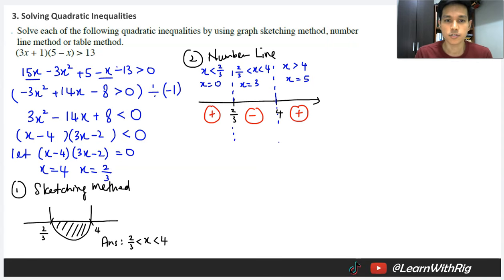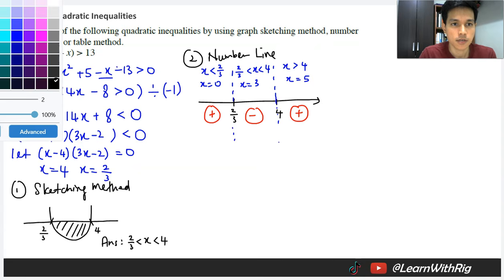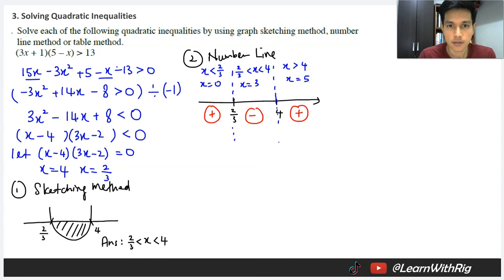Okay, so the question is, which one are you going to take? Since in this case, your equation is 3x squared minus 14x plus 8 less than 0. Because it's less than 0, it's a negative value.